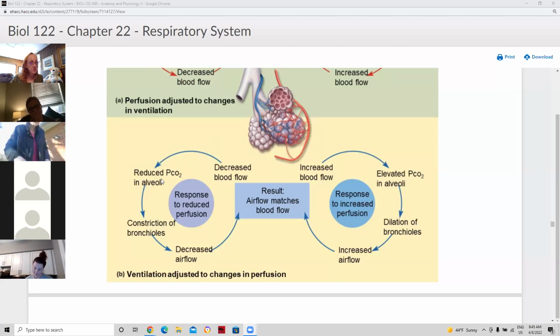Therefore, we have reduced perfusion. We need to have reduced ventilation also. So in response, the bronchioles are going to constrict, decreasing airflow. And the result is that the airflow will match the blood flow again.